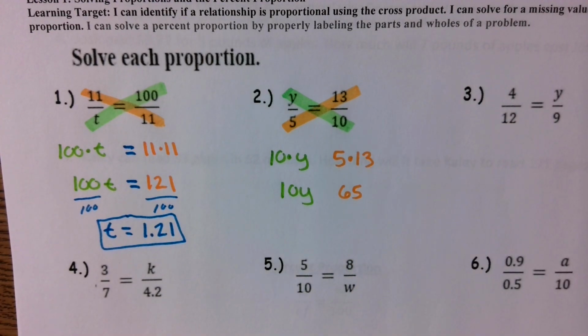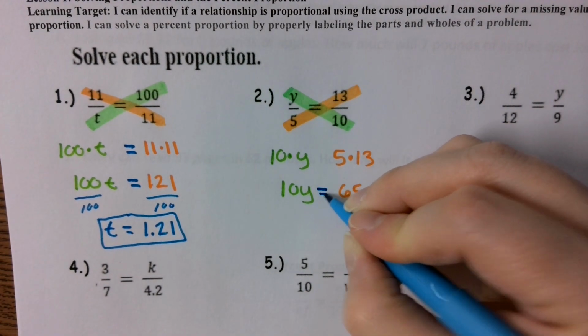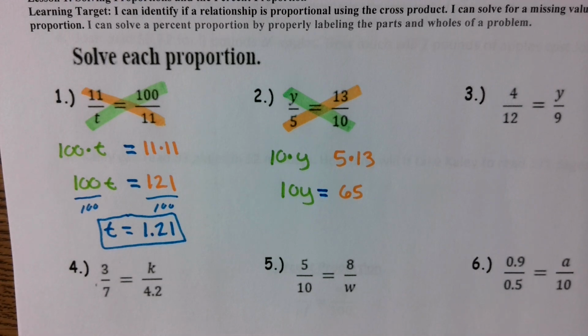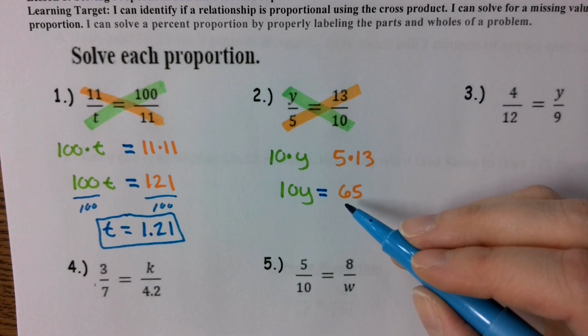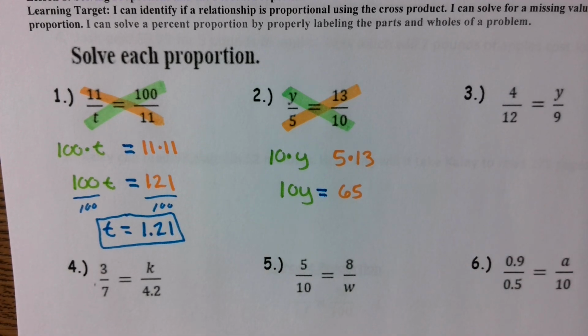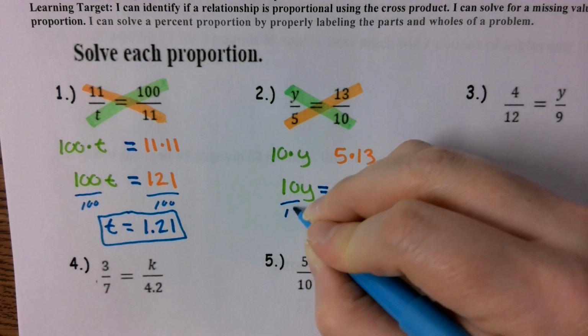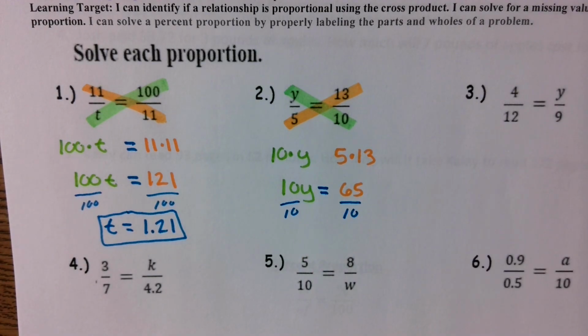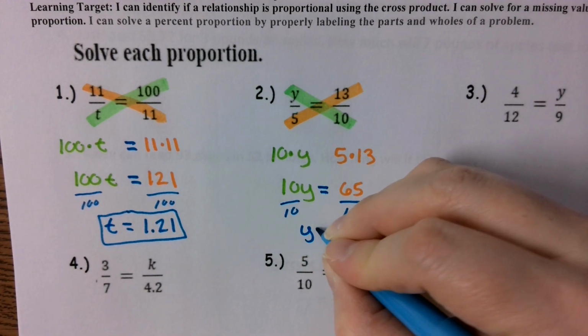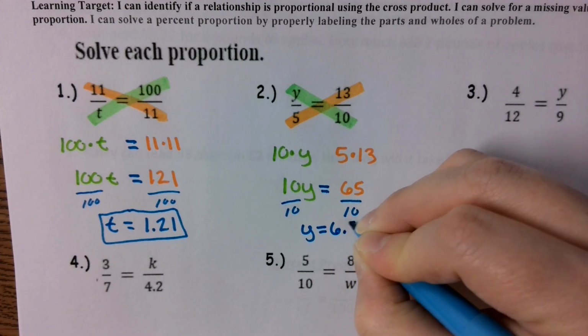So then my equation is 10y is equal to 65. So I'm going to be asking you guys, what is the equation? 10y is equal to 65. And then what is the solution? The solution would be 6.5, because when we divide both sides by 10, we will get y is equal to 6.5.